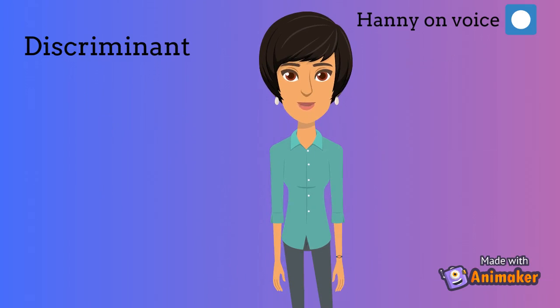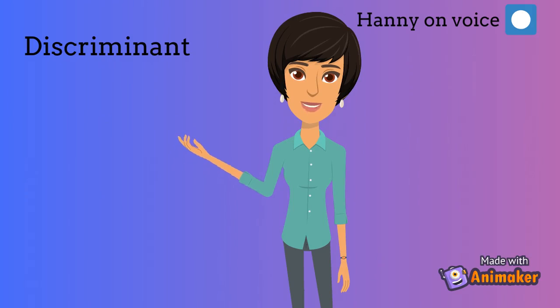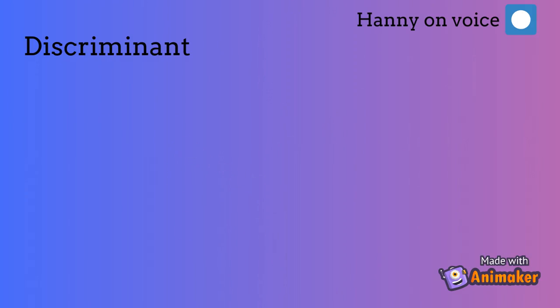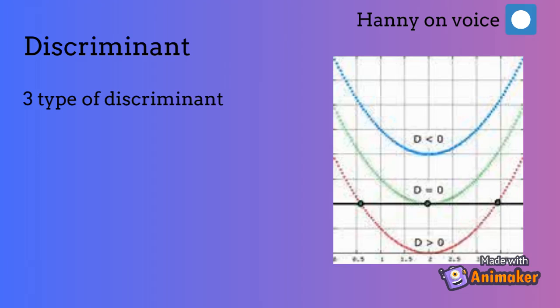Now we're going to the discriminant. In this quadratic function, there's a term called the discriminant. It's symbolized as D, and it's capitalized. Its form is D equals b squared minus 4ac. You need to know that there are 3 types of discriminants.